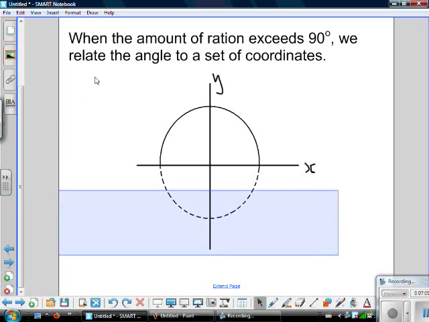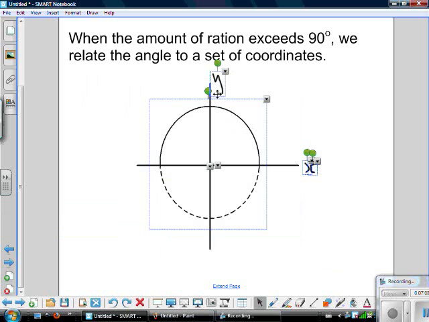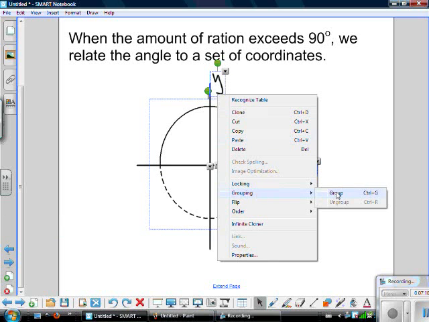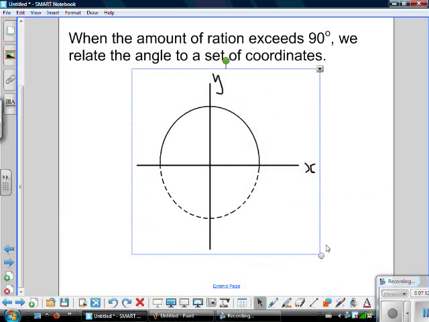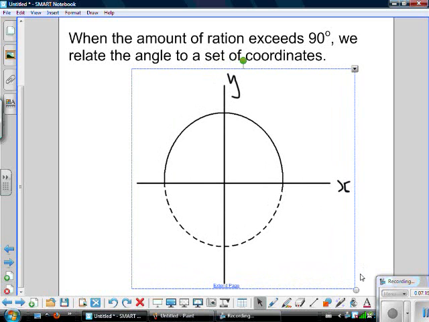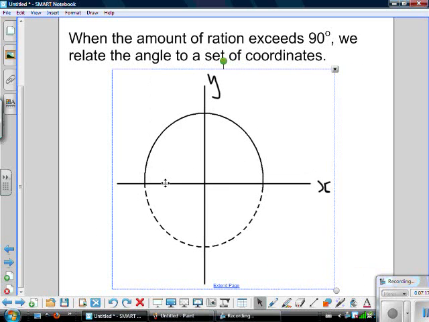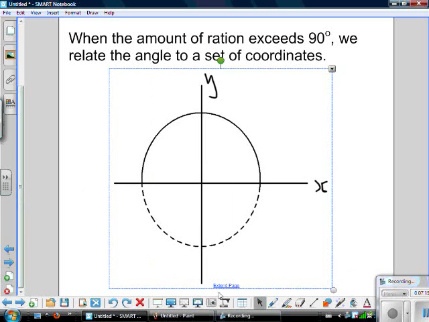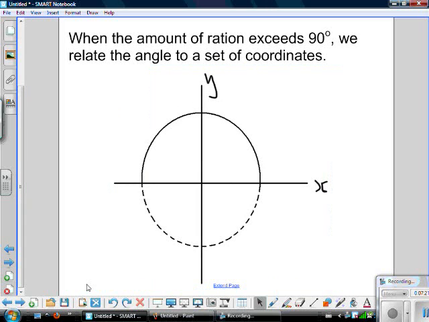Now I'm going to group this so that it's locked in place for what I need to do. Okay, so here I have this unit circle, and it has a radius of 1 unit. So that means I already do know some points on this circle.